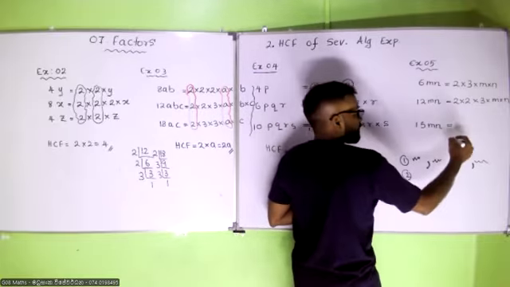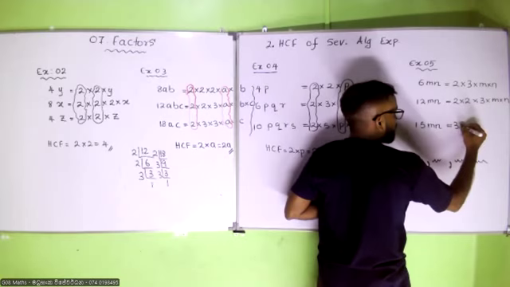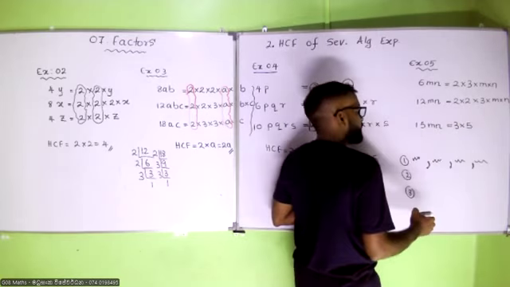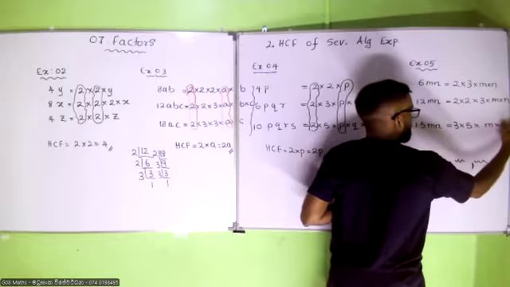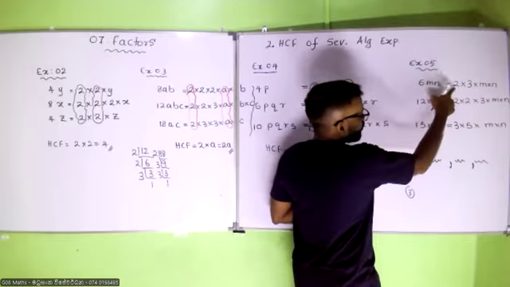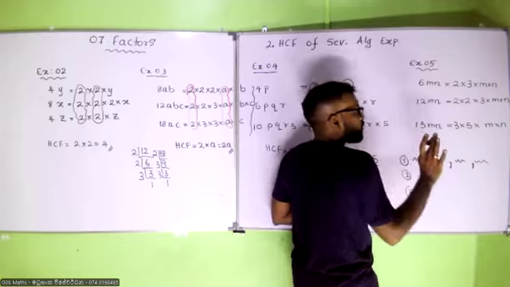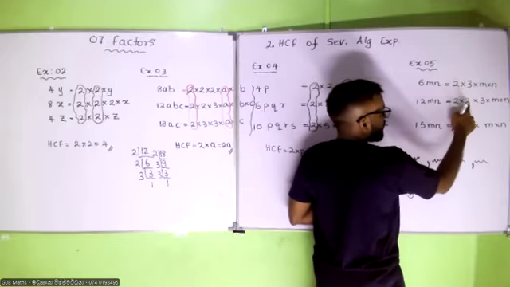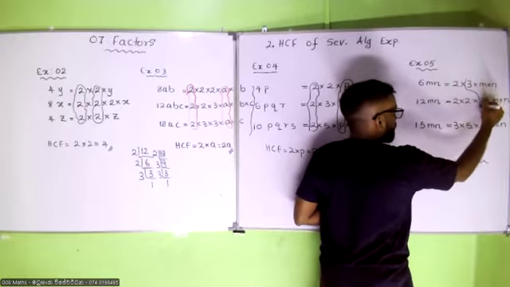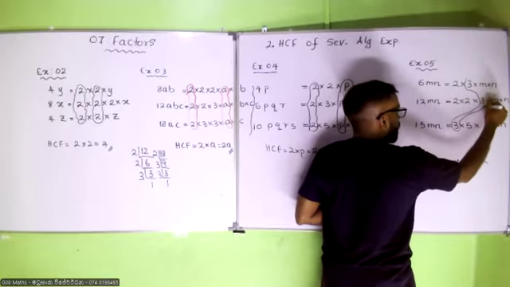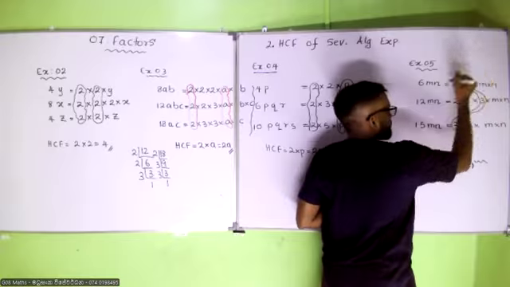So 15 can be represented as 3 multiplied by 5 multiplied by M multiplied by N. Here you have no 2s. 3 is a common number for all the 3 rows.